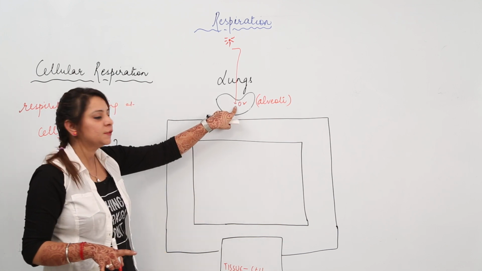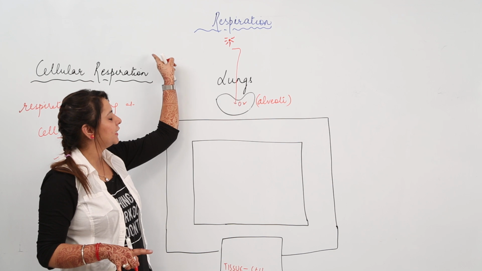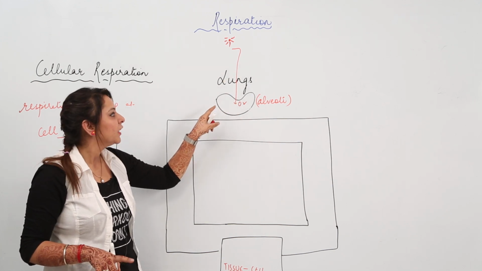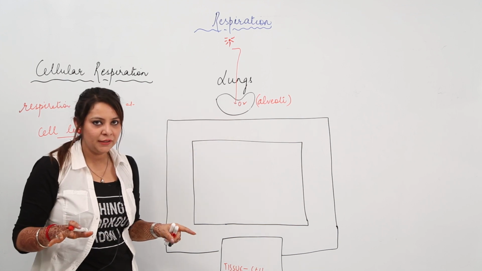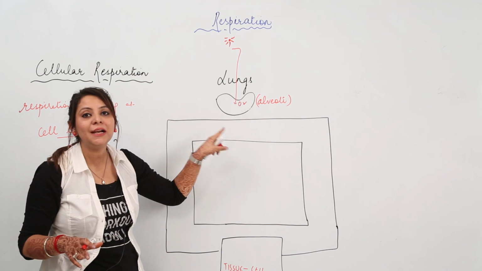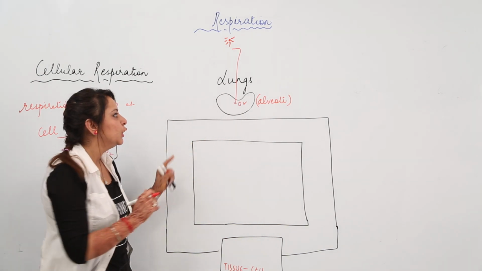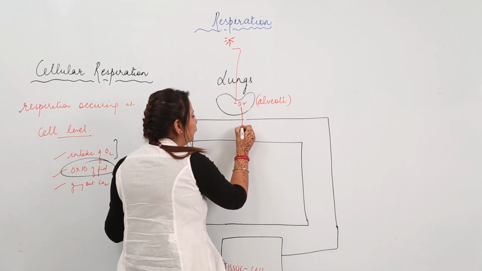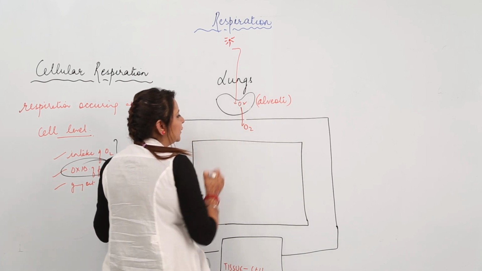Obviously oxygen is more here because it has been inhaled from outside, so the alveoli have a rich supply of oxygen. Around the alveoli there are tufts of capillaries. The oxygen in the alveoli is more than in the blood flowing in the capillaries, so oxygen will move into the blood.